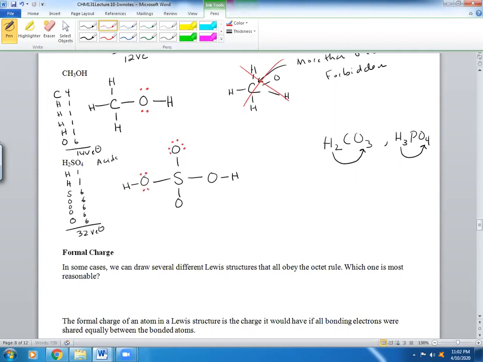This one only needs 2 lone pairs. This one only needs 2. This one only needs 2. And this should now give you 32. Here we have 8 plus 8 plus 8 plus 8. That's 32.